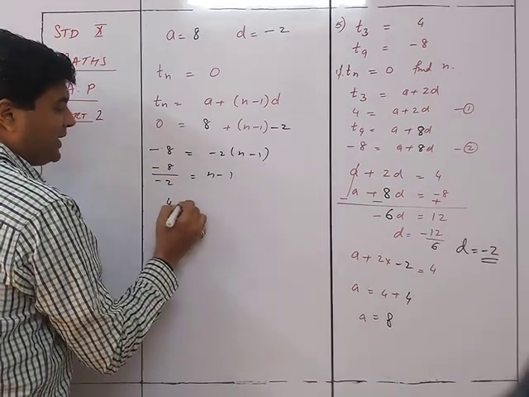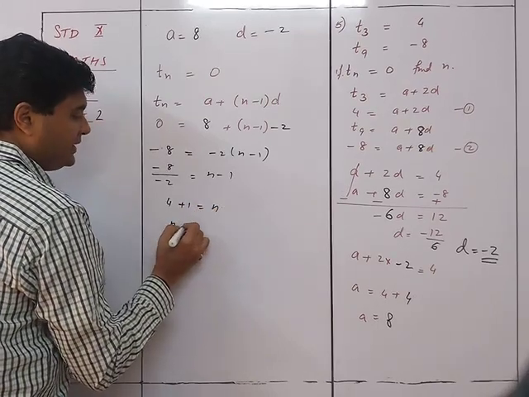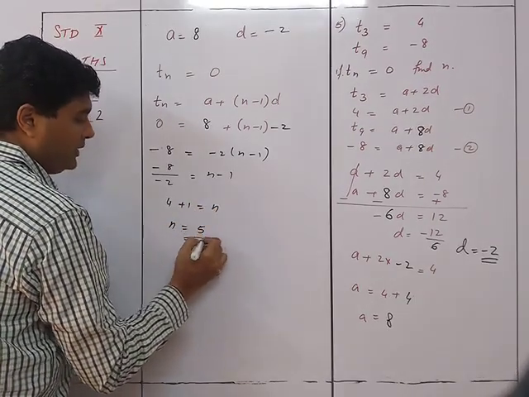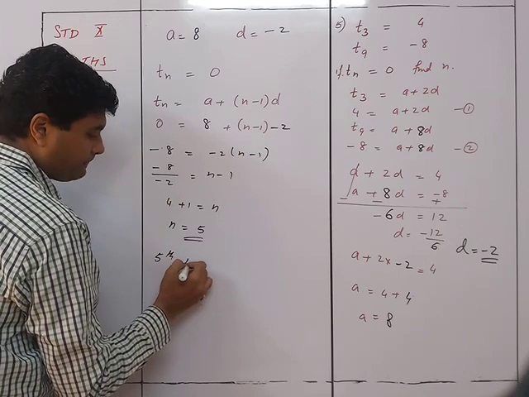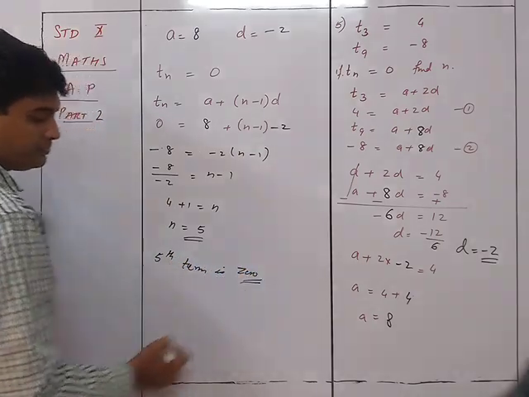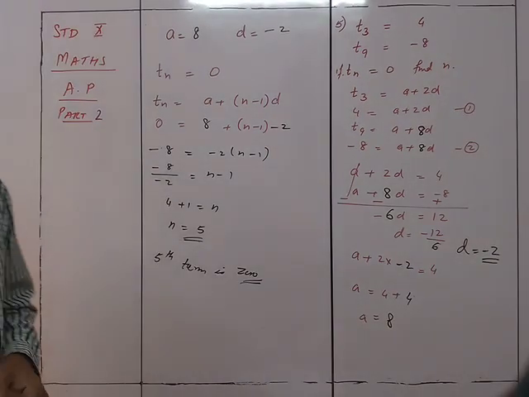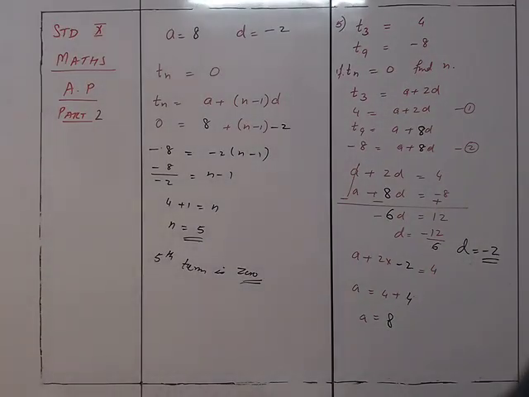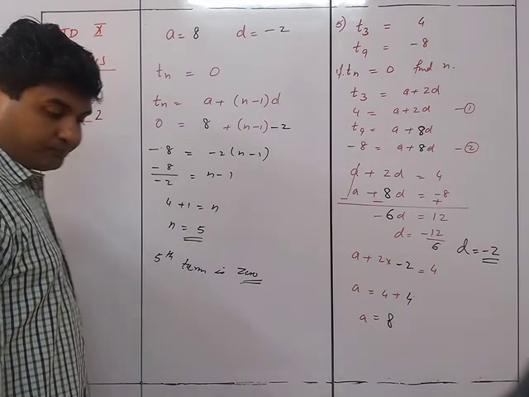So 4 plus 1 equals n, so n equals 5. So the 5th term is 0. We were asked to find the term which will be 0, so it is the 5th term of the AP which will be 0.